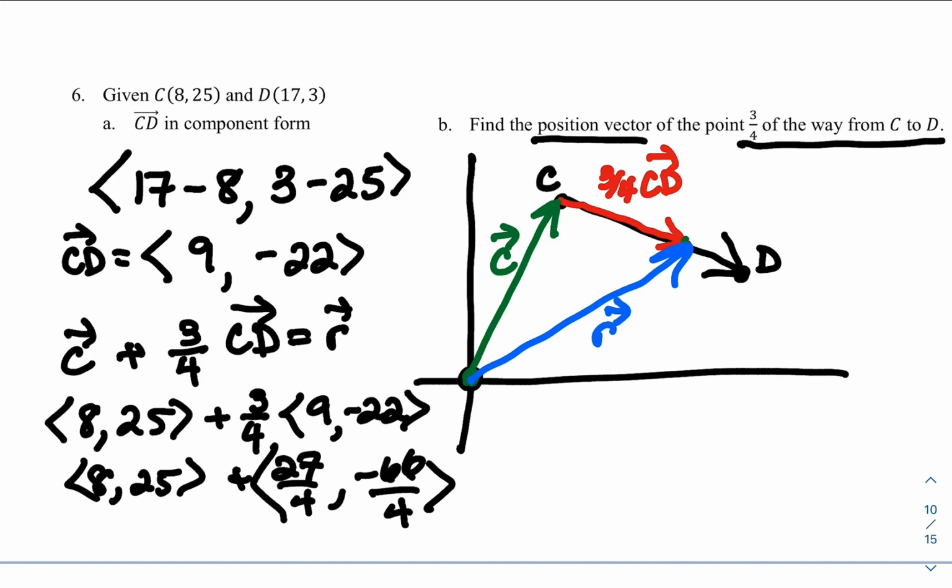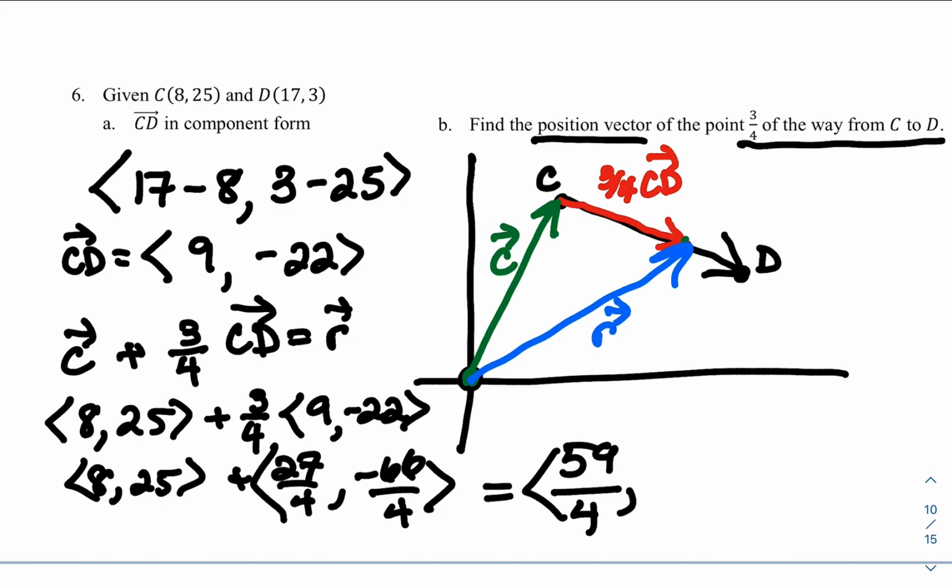And then we combine like terms and add. I'm just going to do that on my calculator so that I get the right answer and not do it incorrectly. 8 plus 27/4 gets us to 59/4.